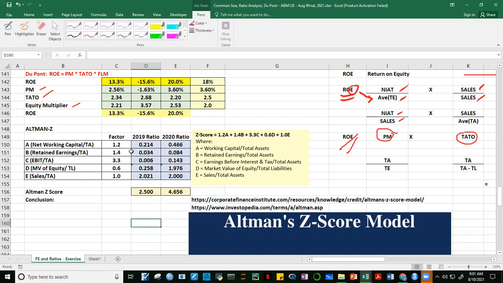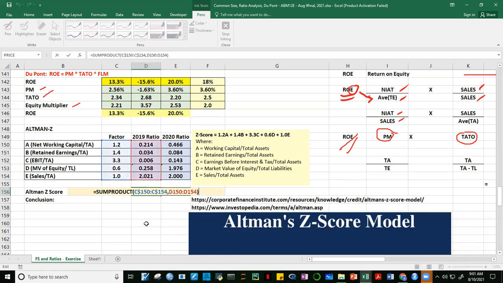In other words, guys, lahat ng mga ratios na to available. It can easily be computed. Pati din dito, kinopya na lang natin sa 2020. So what do we do, guys? Ito yung factors: 1.2, 1.4, 3.3, 0.6, 1.0. I-multiply natin yan sa ratios natin.